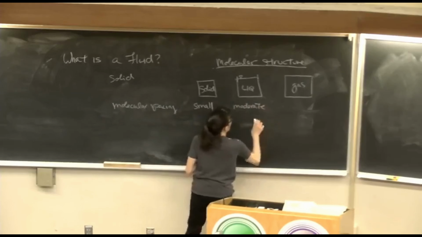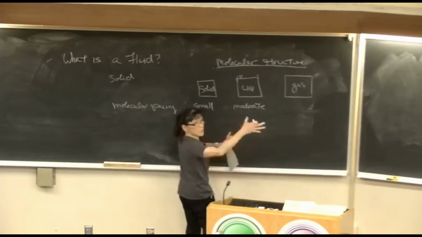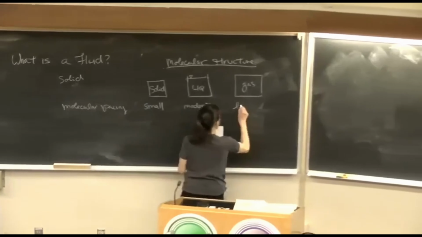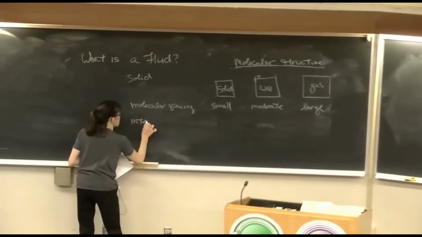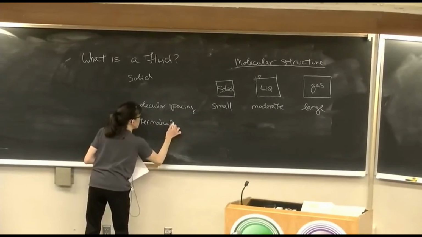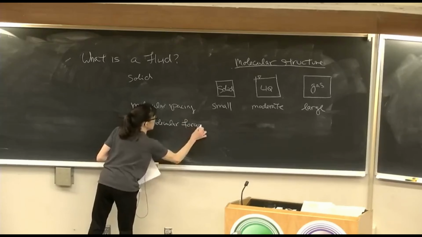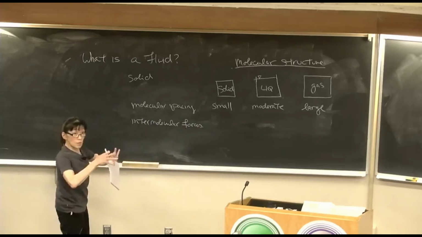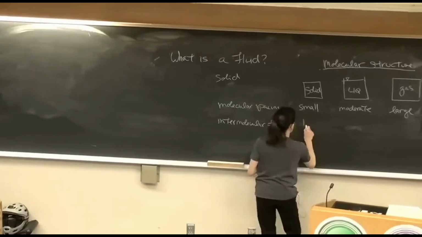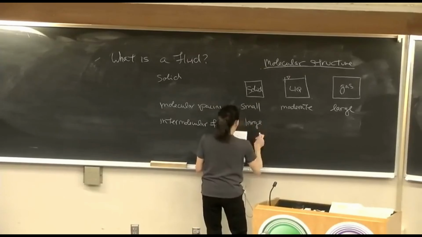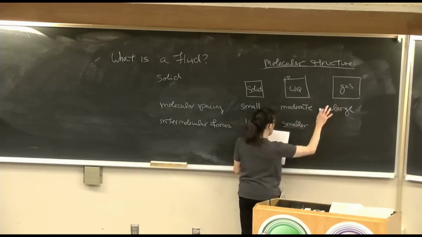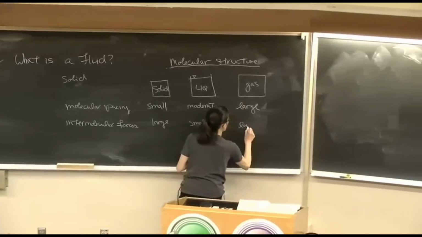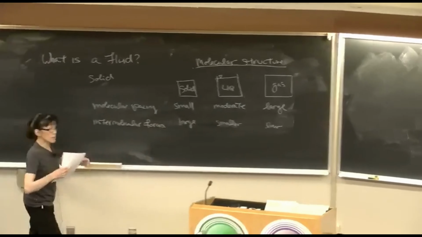Whereas gases are molecules moving all over the place, so the spacing can be very large. We can also consider the intermolecular forces. For solids, the intermolecular forces are very strong. For liquids, it is smaller or moderate. And gases are very low and, in fact, neglected in ideal gas.